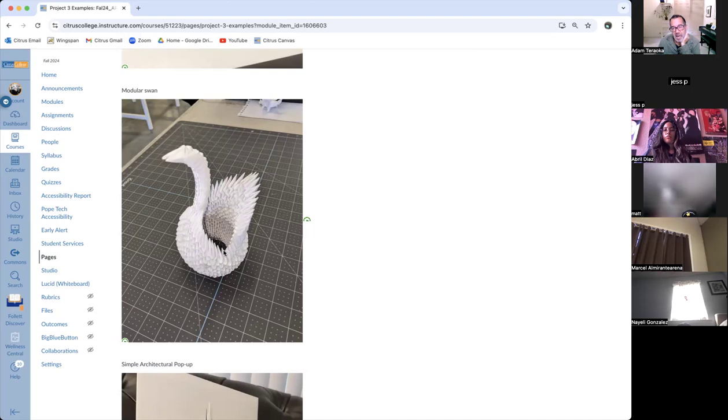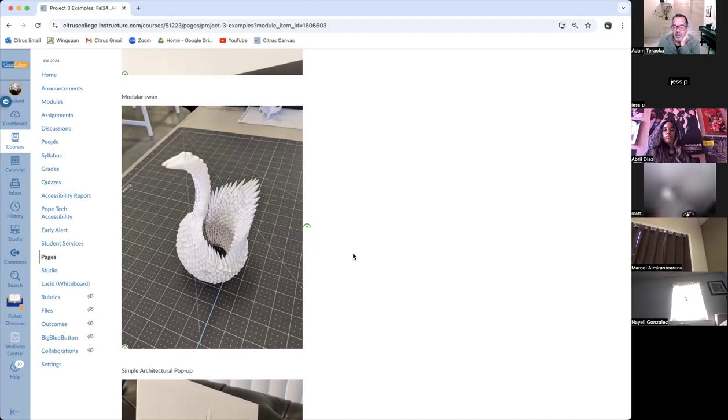The reason I don't really have a demo is because there's too many possibilities. So I've given you a lot of resources to look up, depending on what project you want to do, and there's information on how to make this kind of modular shape.